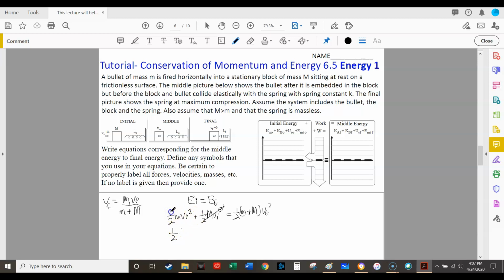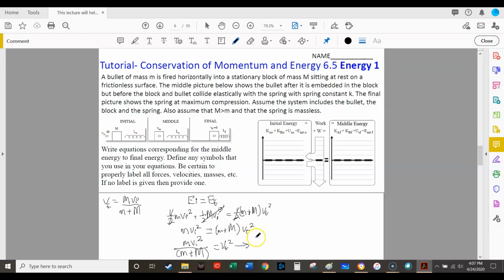The 1/2s are going to cancel out. The 1/2 is going to cancel out with this side, and what you'll have is m v_i squared equals (m plus capital M), mass of the bullet plus mass of the block of wood, times v final squared. Divide both sides by that: v_i squared over (small m plus capital M) equals v final squared.